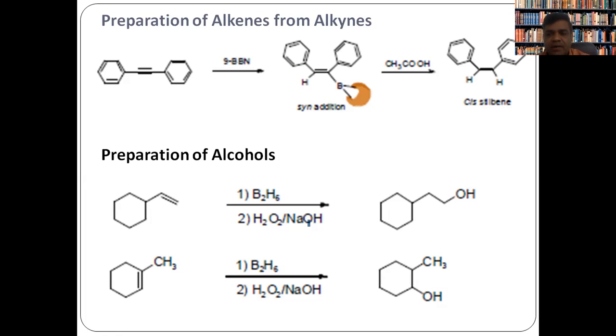But if I want to convert alkyne to alkene, then I want a selective reducing agent, and 9-BBN can do that. See here, this is a carbon-carbon triple bond. With 9-BBN, there is addition of, what is the function? The hydride ion donor.